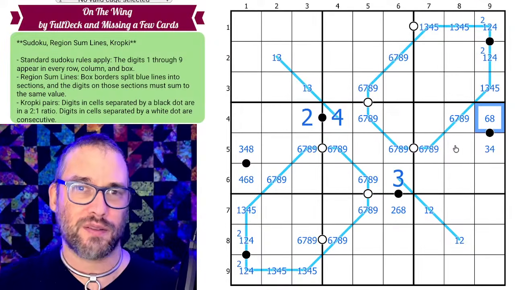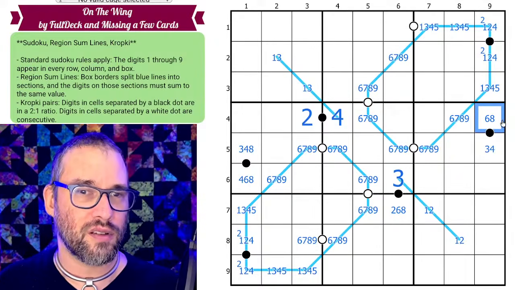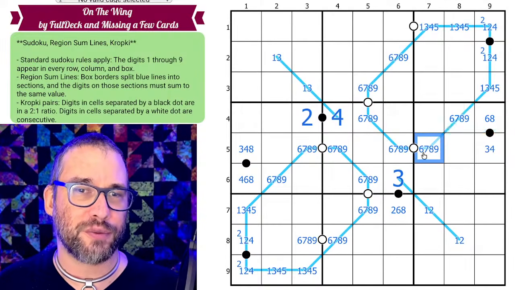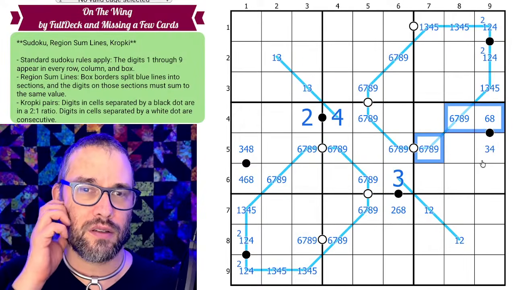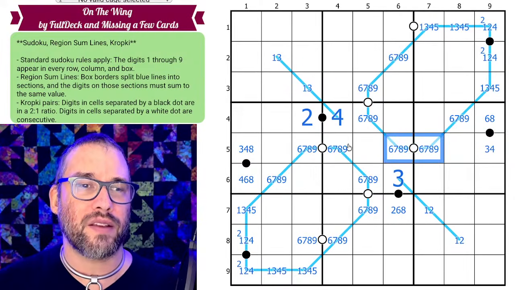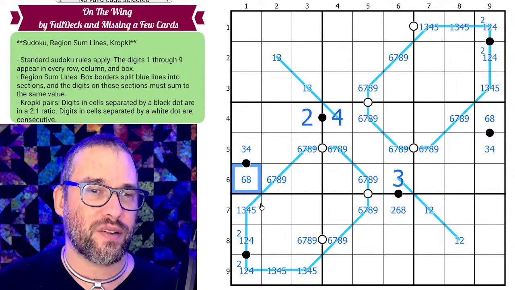We have another virtual 6-8 pair in these three cells. Oh, 8 is also gone in this row. Yes. That's not an 8, so that's not a 4.